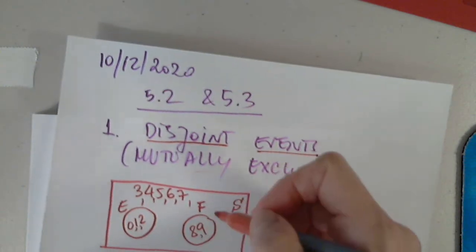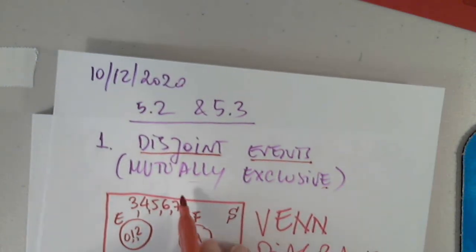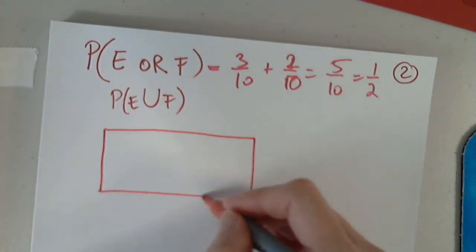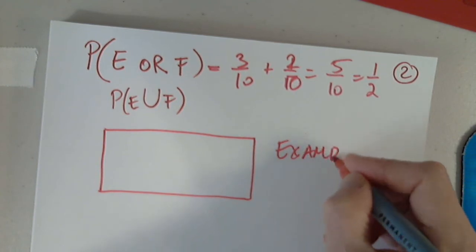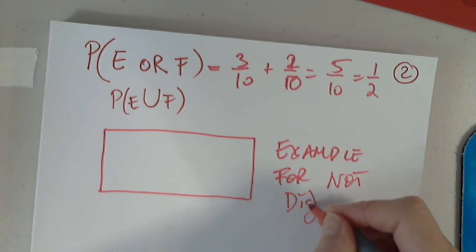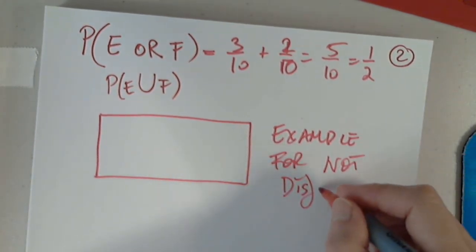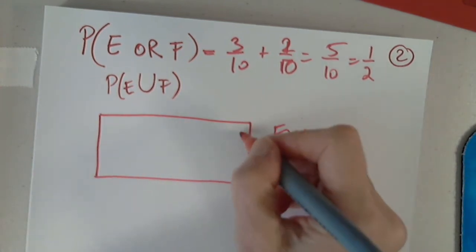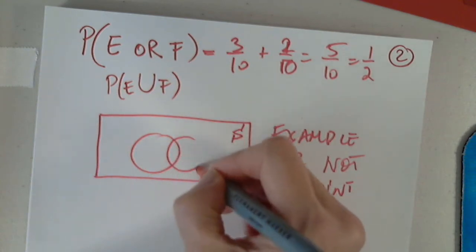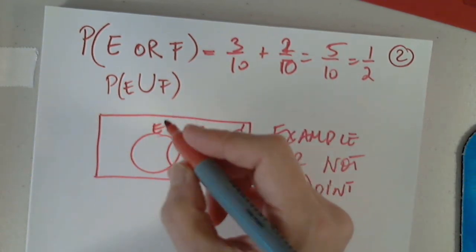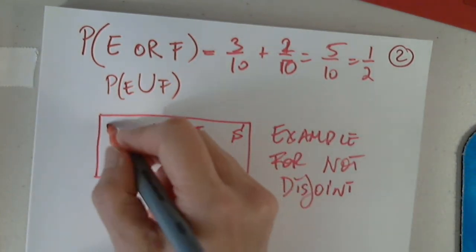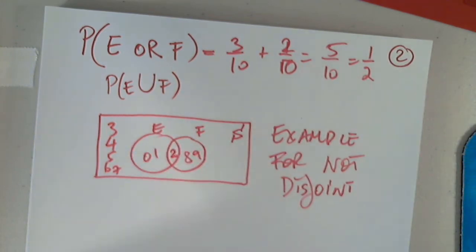How will this look if E and F were not mutually exclusive? For example, this is an example for not disjoint. This is still the sample space, but here is E and here's F. So let's say 0, 1, and 2, and 2, 8, and 9. I still have outside the 3, 4, 5, 6, and 7.